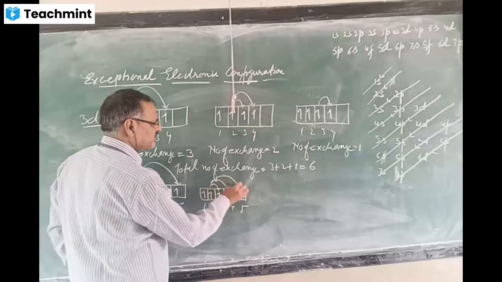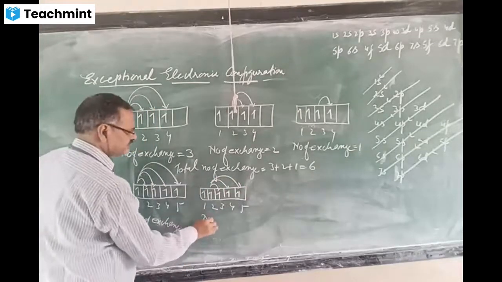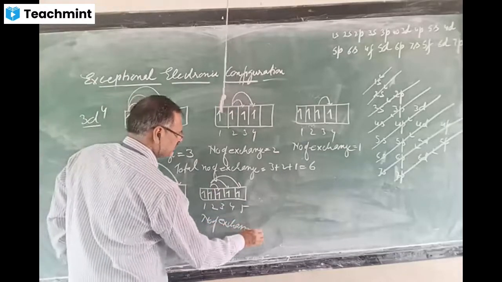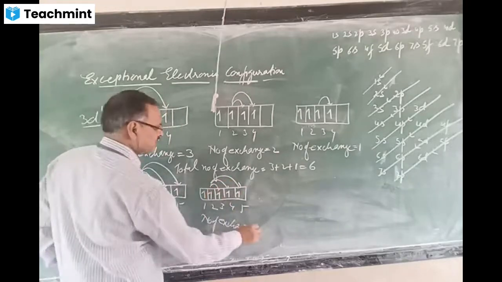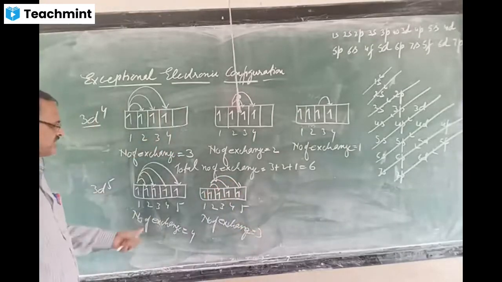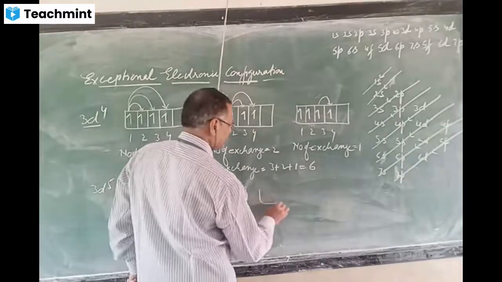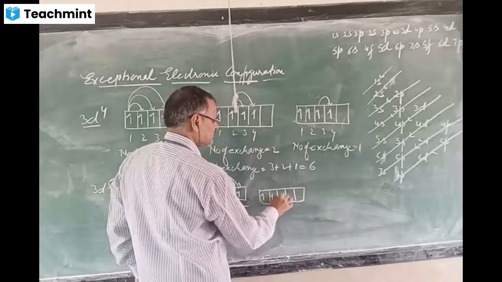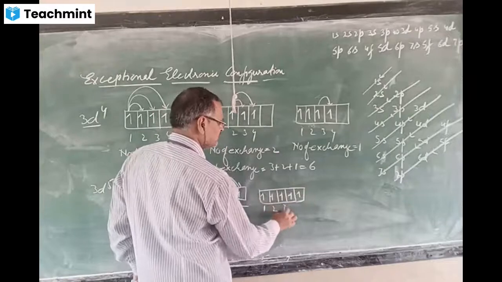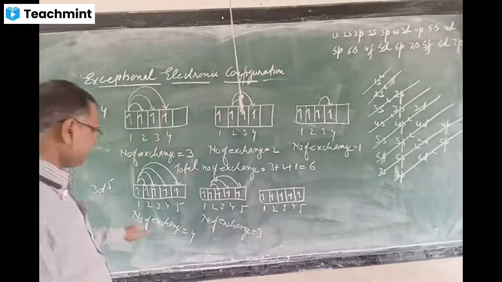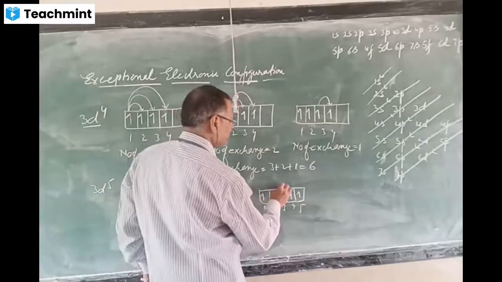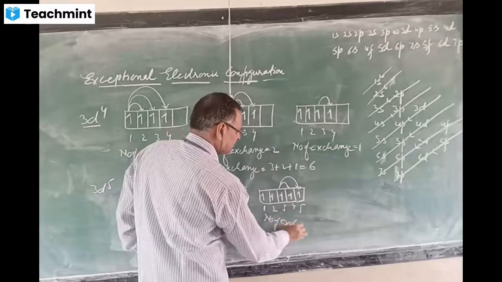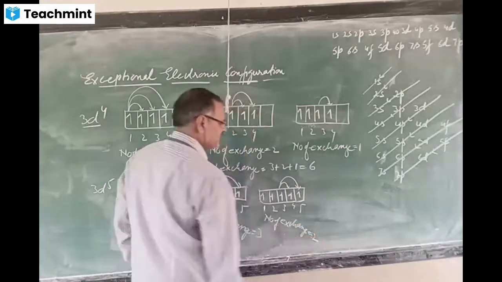Number of exchanges: 1, 2, 3. So now the first electron is exchanged, the second is exchanged, now the third electron. Number of exchanges is equal to 2.